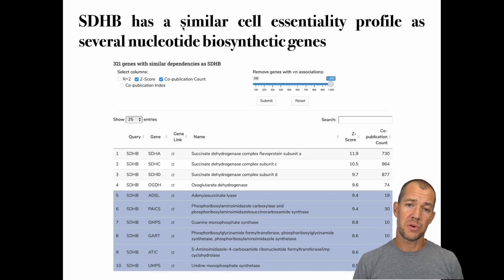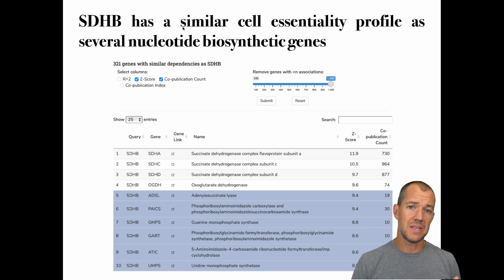Now, the thing that was surprising was that the next sets of genes that emerged from this were, in fact, nucleotide biosynthetic genes, the genes I just told you about. So this is surprising because succinate dehydrogenase B has no business being associated with or having similar dependency patterns as genes involved in nucleotide biosynthesis.